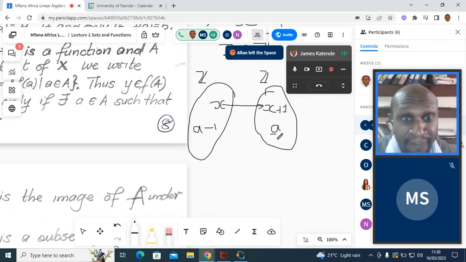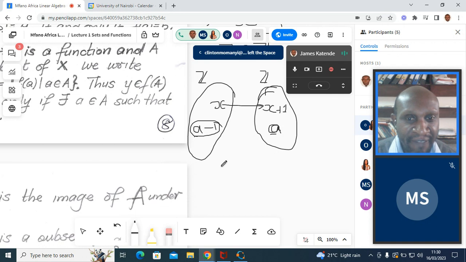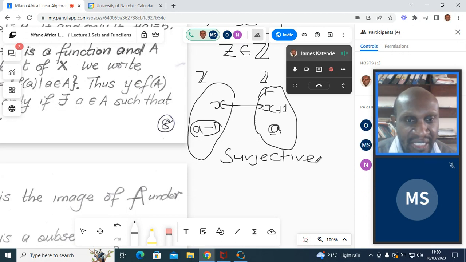So for any element I pick from the codomain, I can easily find a preimage. So every element a I pick from the codomain has a preimage. Nothing is left out by this function. That means my function is surjective. So this is an example of a bijective function because it is one to one, it is injective, and it's also surjective.